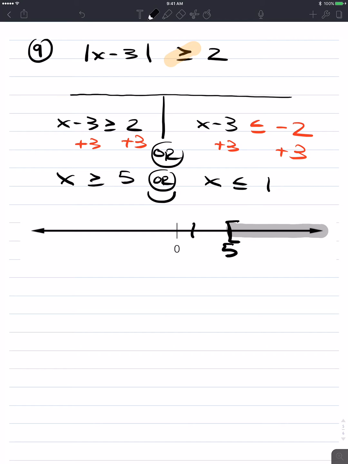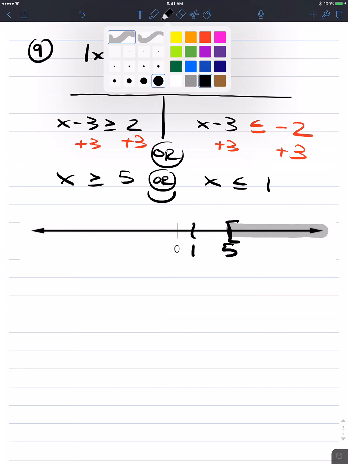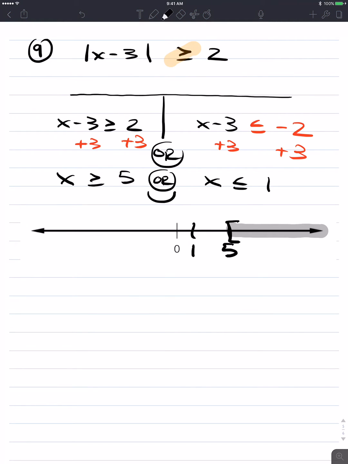Numbers less than or equal to 1, we start by saying numbers less than 1 are to the left of 1. We include the 1 because it's a less than or equal to sign. You have to use the square bracket. What you're looking at is the graph of the union of these two simple inequalities.